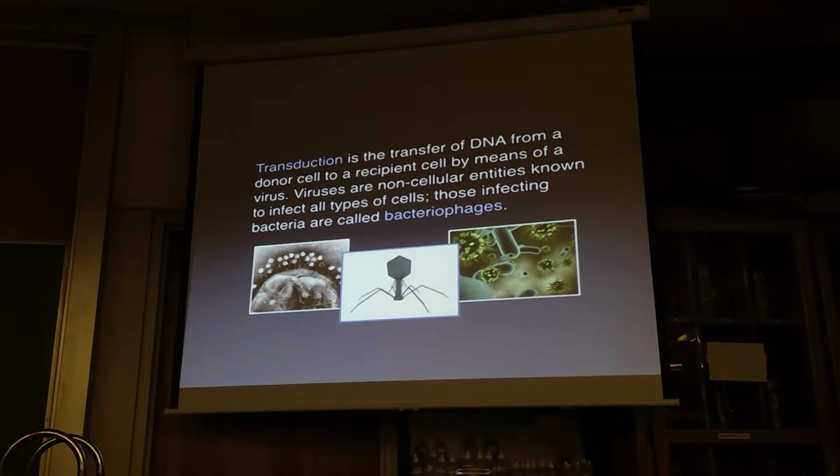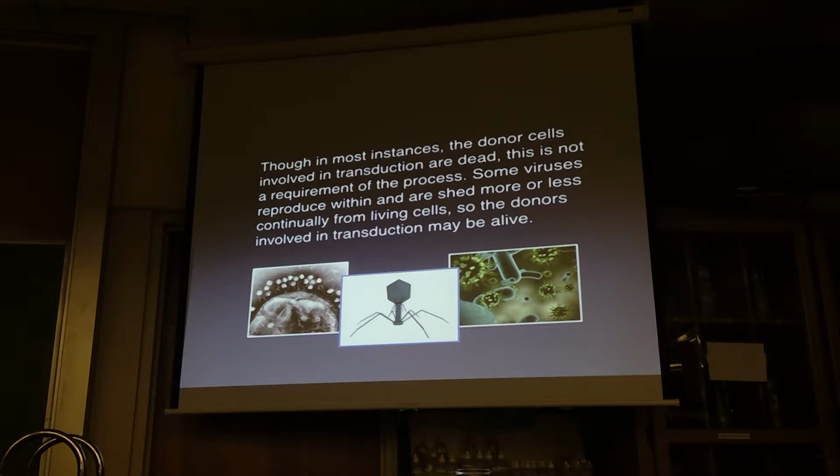Here we see an electron photomicrograph of viruses on the surface of the cell, and then some illustrations of different types of virus particles. They come in lots of different forms. Again, in most instances of transduction, the donor cell is probably dead, because a lot of viruses are cytolytic, which means they kill their host cells, but not all viruses are.